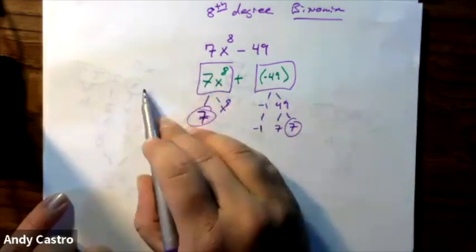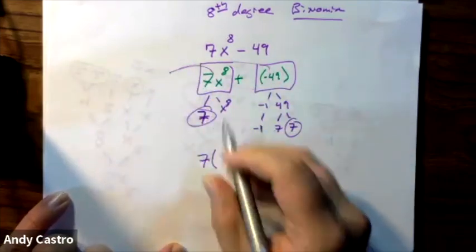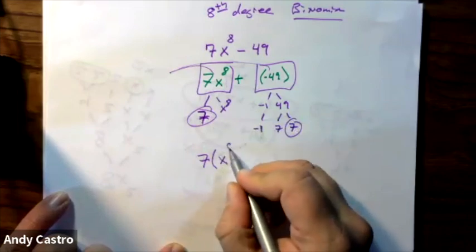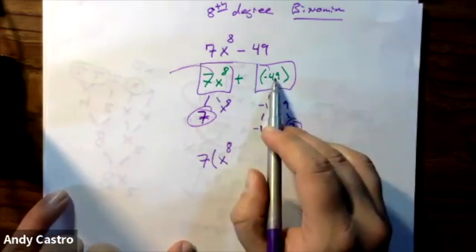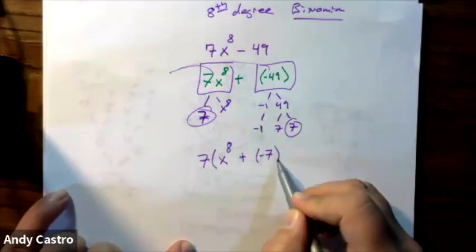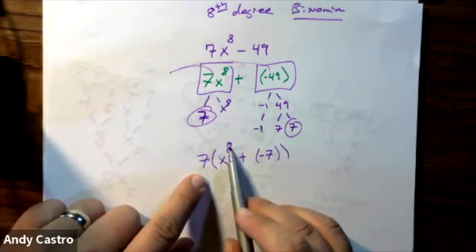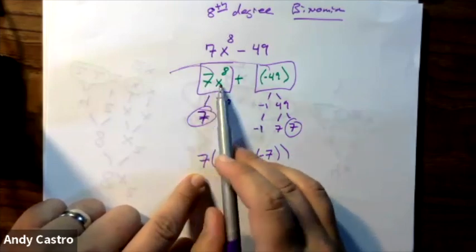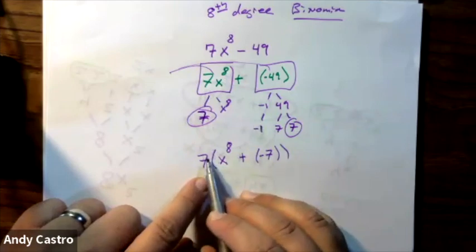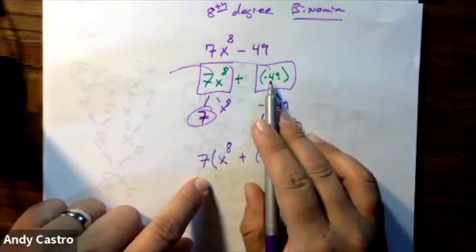If I pull a positive 7 out of the first one, I'm left with x to the 8th. And then here, if I pull a positive 7 out, I'm left with a -7. So 7 times x to the 8th is 7x to the 8th, and 7 times -7 is -49.